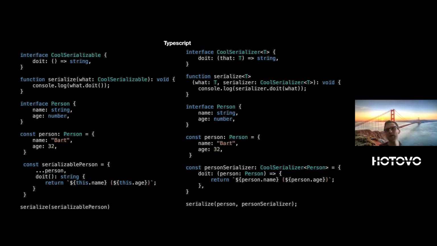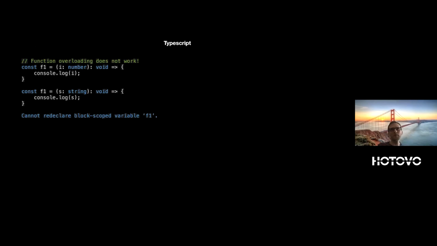And it can do that because it structurally matches. Right? So I have the doIt function that takes in a person and just returns a string. So not a problem here. But again, TypeScript doesn't know how to pull it from the context, from the scope, so I have to pass it along explicitly.